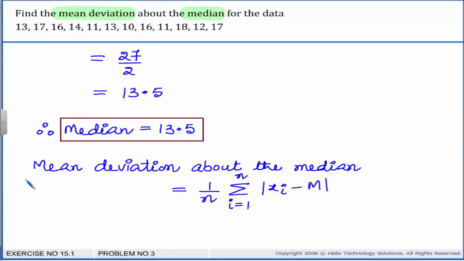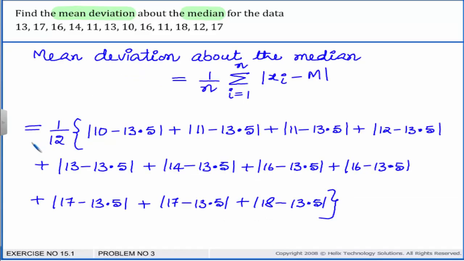Now let us find out the mean deviation about the median, which is given by 1 by n into summation of modulus of xi minus m, where i is equal to 1 to n. So this is equal to 1 by 12 into the sum of the absolute values of the deviations.